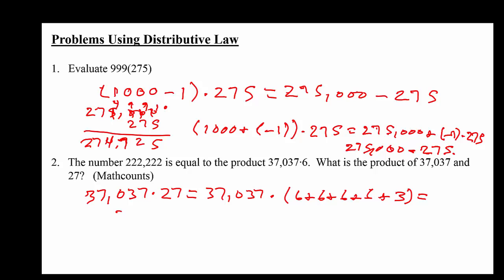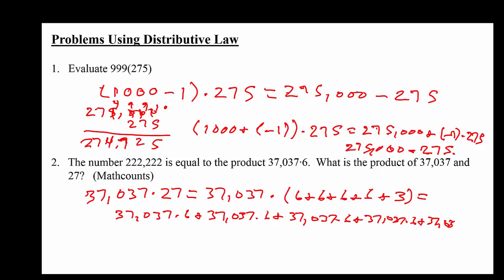So we've got 37,037 times 6 plus 37,037 times 6 plus 37,037 times 6 plus 37,037 times 6 plus 37,037 times 3.